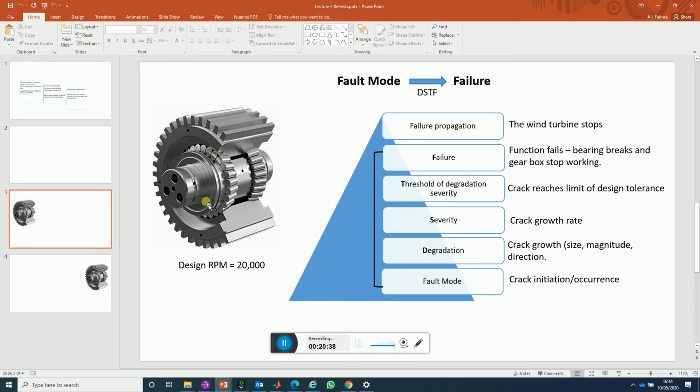So for example, let's think about this bearing deployed in a wind turbine installed on a mountain in Swat.